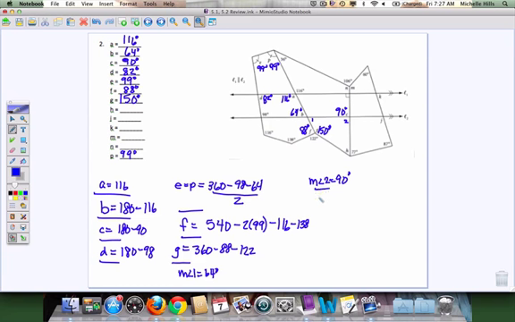Again, I didn't have to do it this way. So H is 360 minus the 150 that is G, minus the 90 for measure of angle 2, minus the 64 for the measure of angle 1, which makes H 56 degrees.